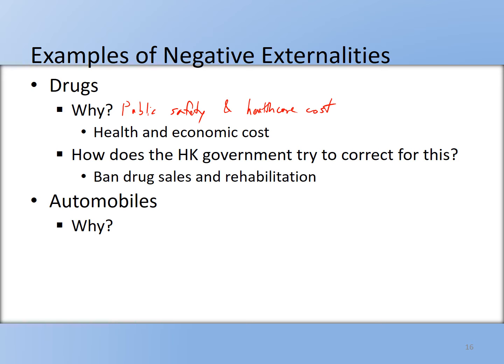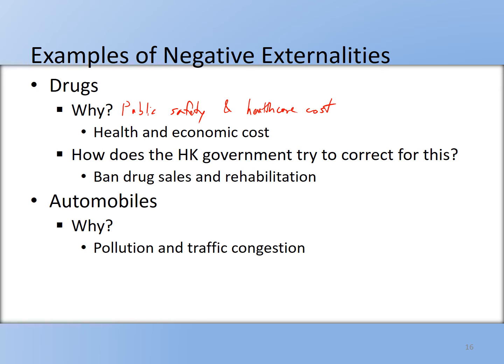So that's one, and that's an externality, right? When I drive my car on the road, I slow down everyone else. That's a negative externality. So traffic congestion is definitely a negative externality. What else? What does a car emit? Pollution, right? CO2 and all sorts of other particles.